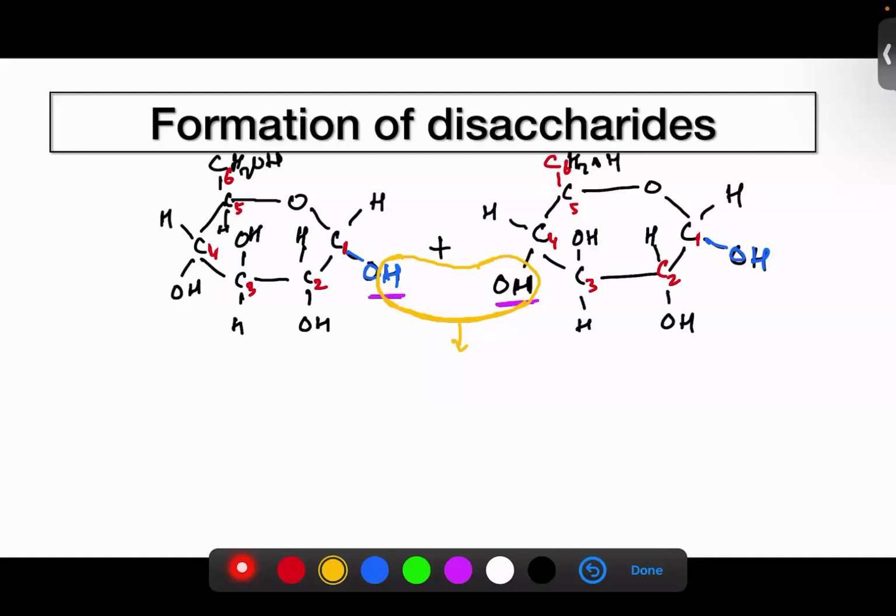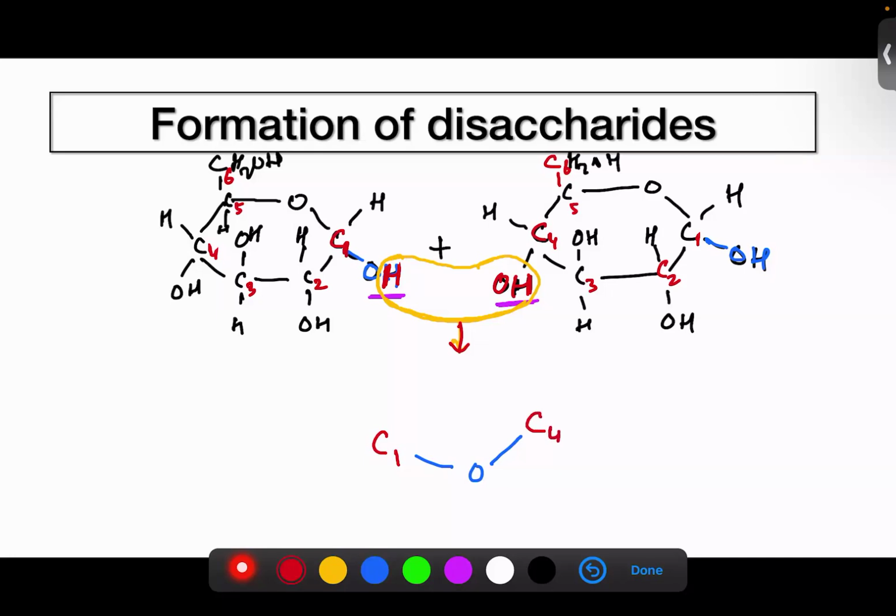One water molecule is eliminated. This OH from carbon number 4, and this hydrogen from carbon number 1, are removed and joined to make a water molecule. And the remaining molecule will make a bond from carbon number 1 of this molecule through an oxygen here. And this is carbon number 4 here.